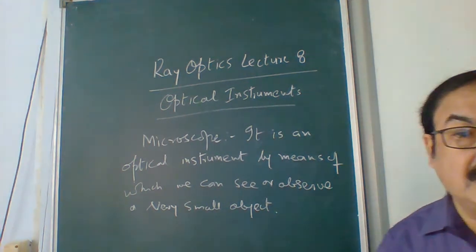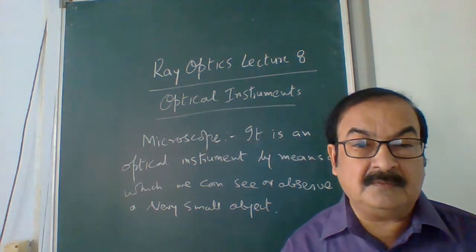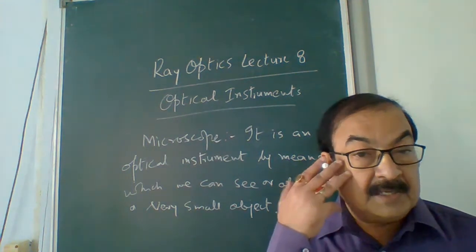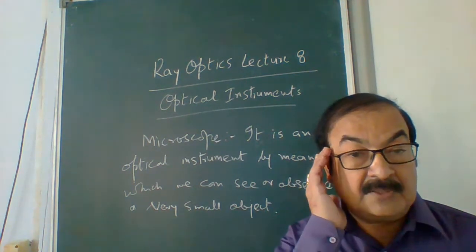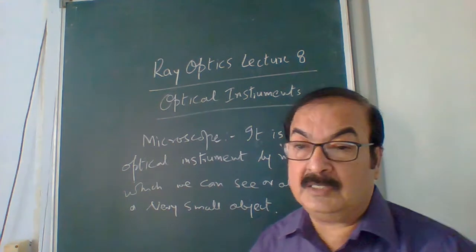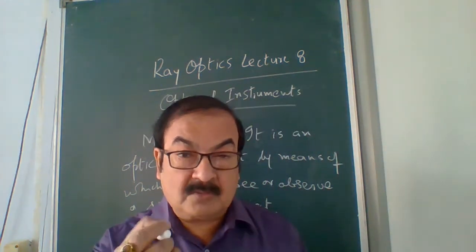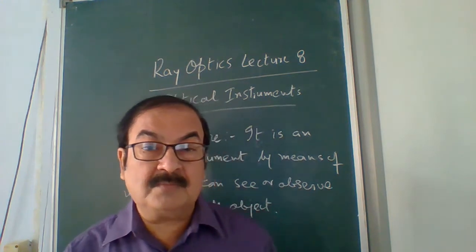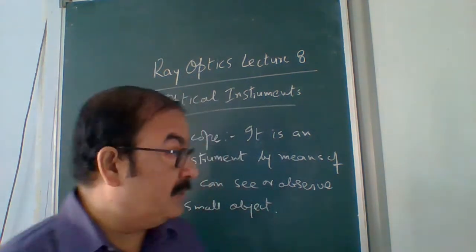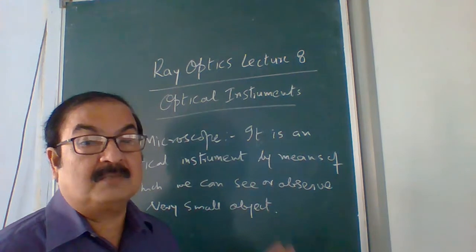It is so small that it cannot be even visible by our naked eyes. Without any help, without any aid, we cannot see some objects. They are so small, and to observe such objects, we need an optical instrument that is known as a microscope.